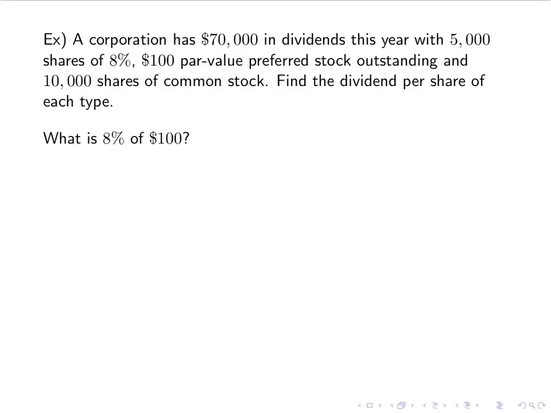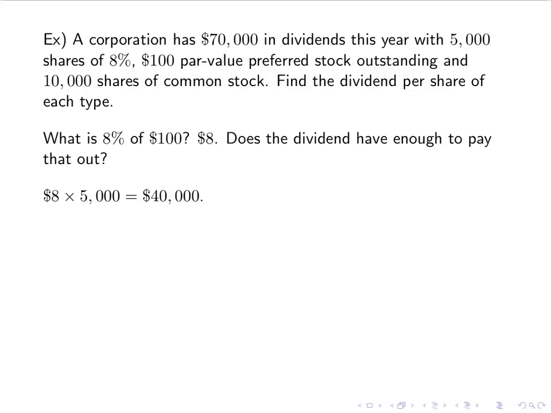The first thing we're going to do is, again, find 8% of $100. Just like last time, it's $8. Then we have to ask ourselves, does the dividend have enough to pay that out? It's $8 per share and there are 5,000 shares, so we would need $40,000 to pay out the $8 for every one of the 5,000 shares.